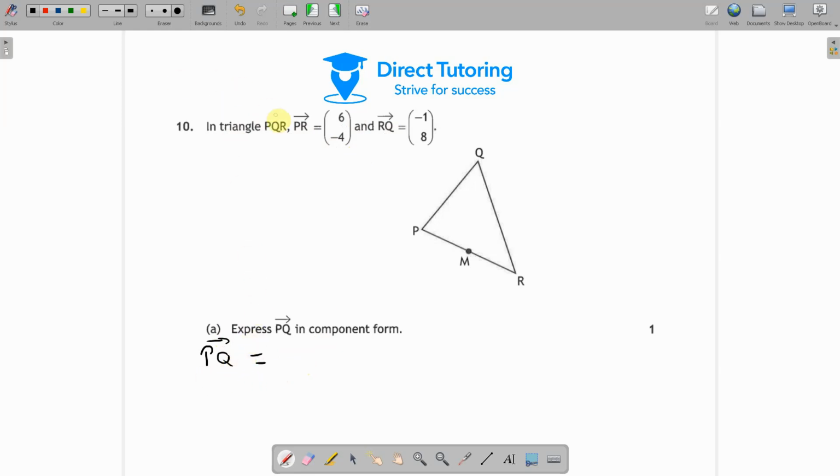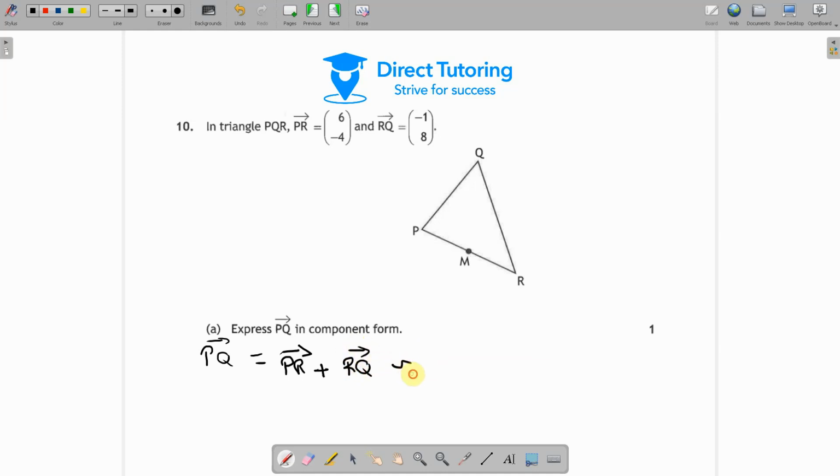And R is the common point between them. So PQ is the same as PR plus RQ.